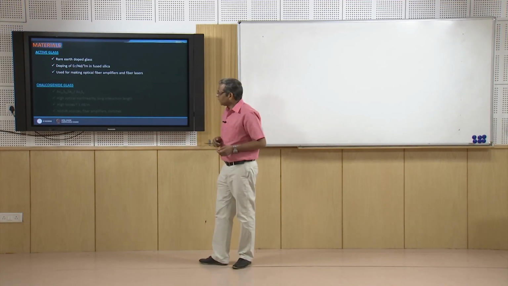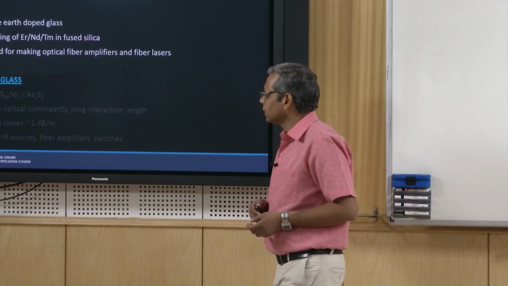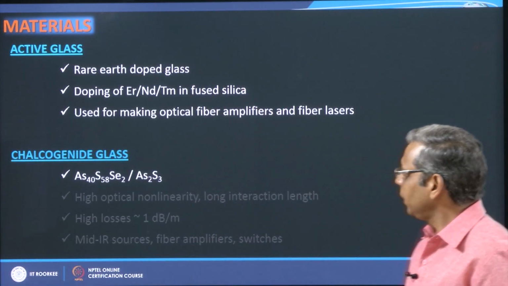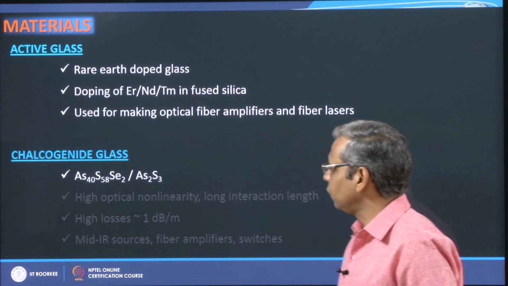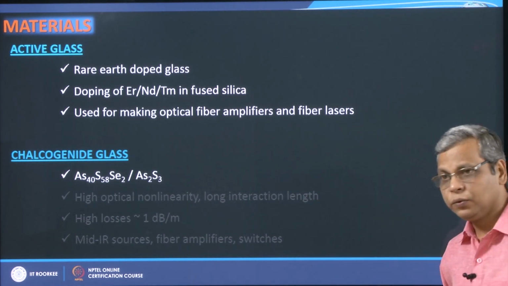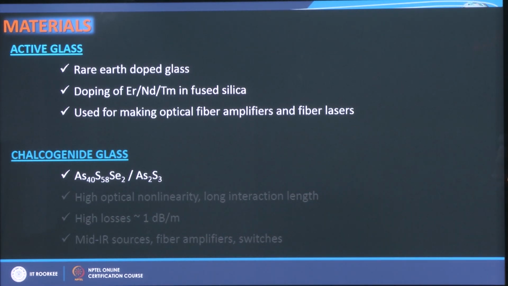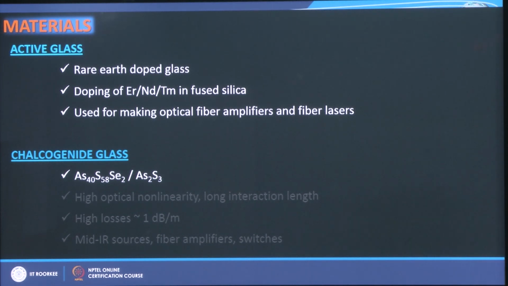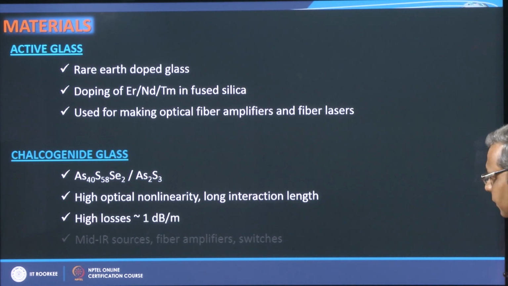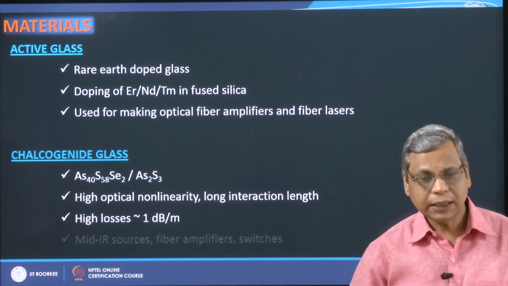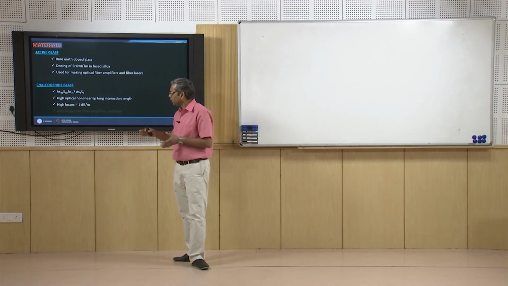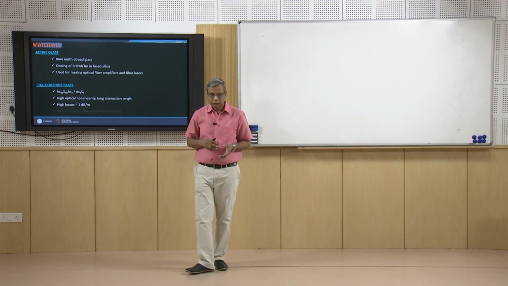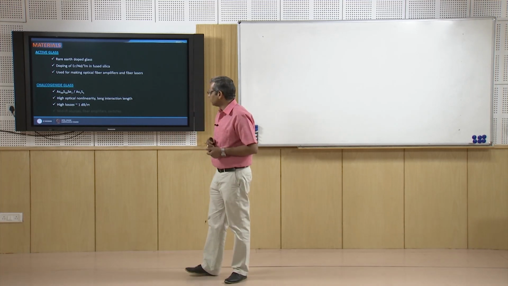Then there are soft glasses like chalcogenide glass, where the core can be made out of As40S58Se2 and cladding out of As2S3. They have high optical nonlinearity over long interaction length, but they have very high losses. The losses are typically few dB per meter.